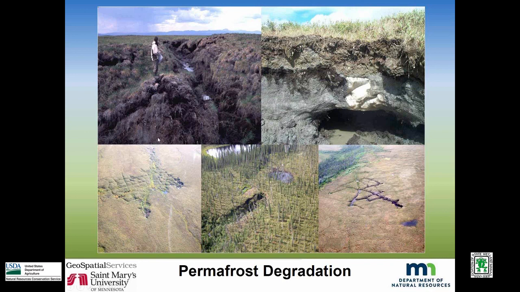You can see in a couple of the lower slides, the slide in the lower left and the slide in the lower right, some of the patterned ground that develops as that happens. Again, really important features to understand because of the release of greenhouse gases that occurs when the ice melts and all that organically fixed stored carbon is released to the atmosphere. It's one of the most significant potential releases of greenhouse gas.